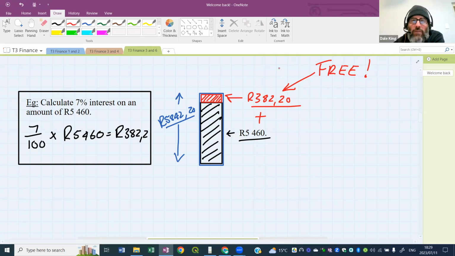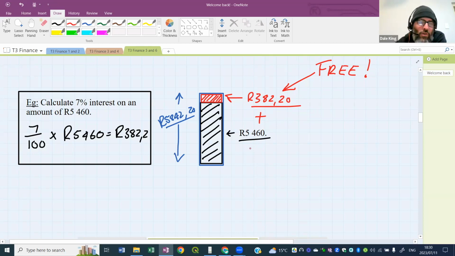You did not have to do any work to earn this money. Yes, you had to have 5,460 and give it to a bank, but you did no work to earn this 382. You did nothing. All you did was put it into a bank. I don't think we realize how powerful this is. You've done nothing to earn this. All you had to do was have a lump sum first.